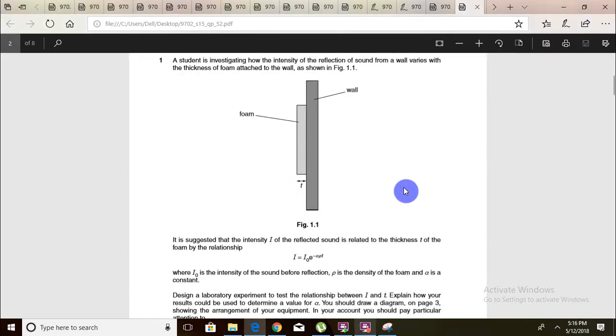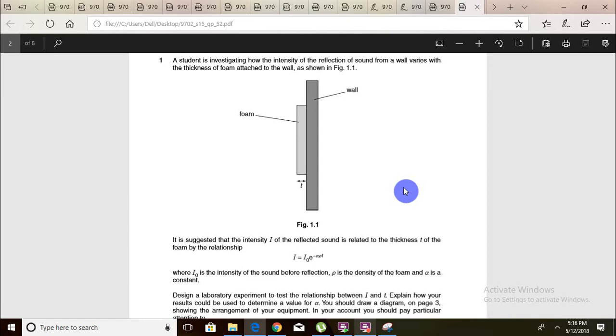A student is investigating how the intensity of the reflection of sound from a wall varies with the thickness of foam attached to the wall, as shown in figure 1.1.